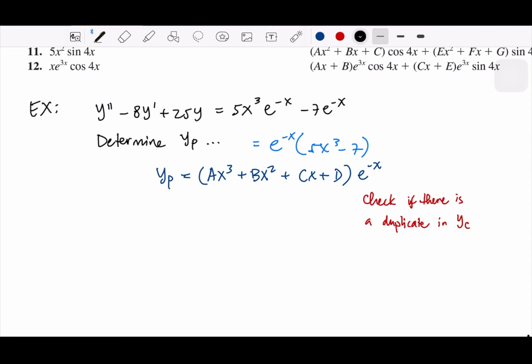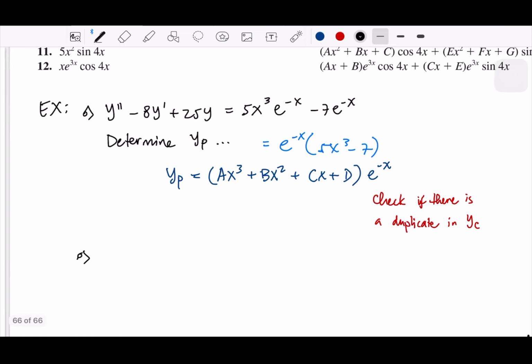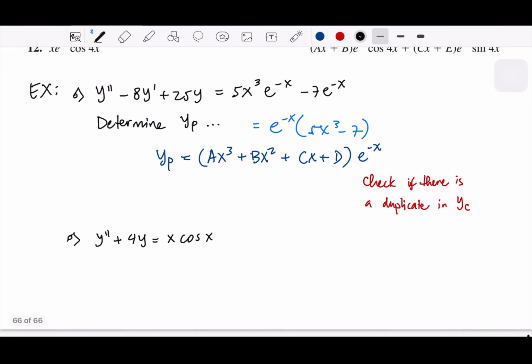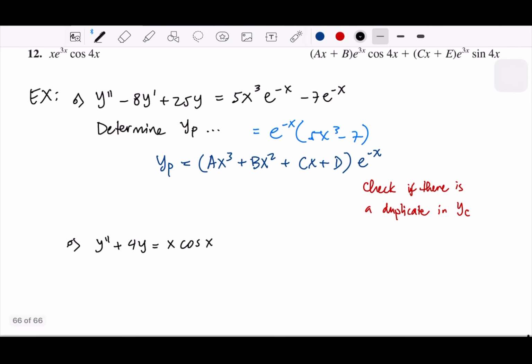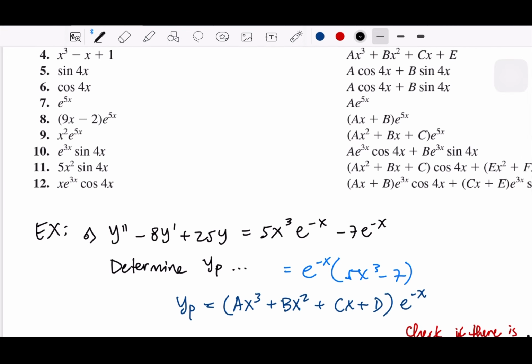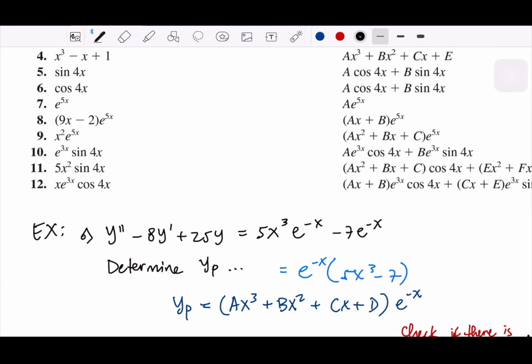Okay, and if we have another question, another form, if we have y double prime plus 4y equal to x cosine x. Now we have x cosine x. This is similar to number 11. We have a polynomial x, and then we have the trigonometry.